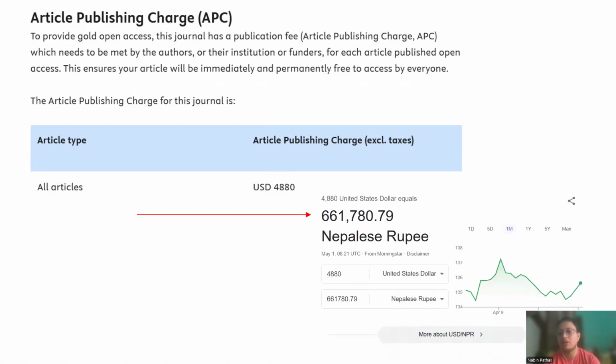If you convert it to Nepali currency as of May 1st, it corresponds to almost 7 lakhs, which is a huge amount of money. In the Nepali context, doing research also means publishing a paper, not just doing valid work using robust technologies or methods to produce reproducible results, but also publishing so that it can be reproducible.